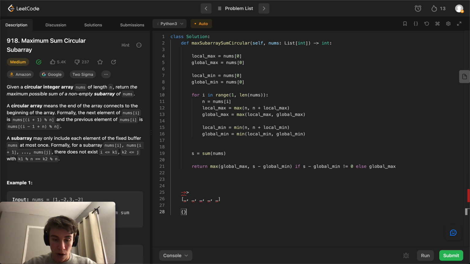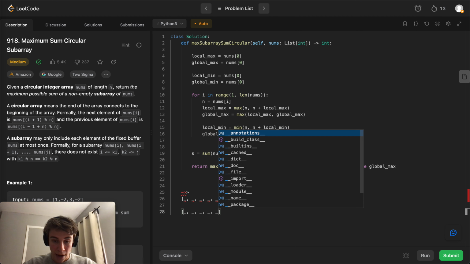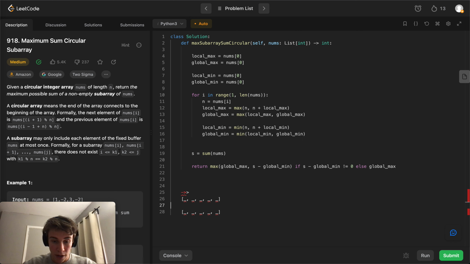Additionally, if we run the same algorithm but from a different angle, for example, if we run it this way, we would know the max subarray ending at this point.